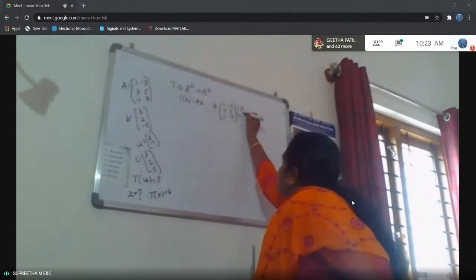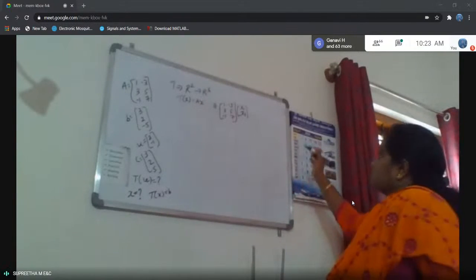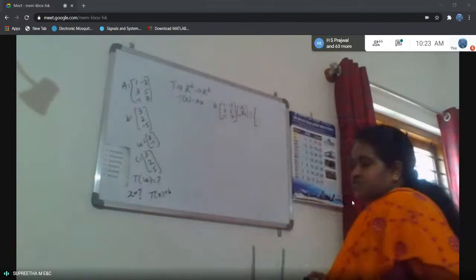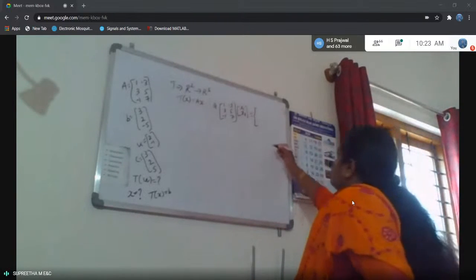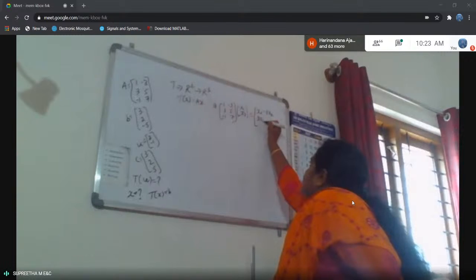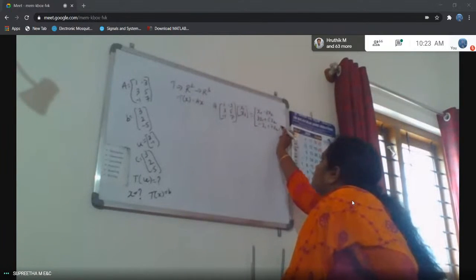So I take it to be x1 and x2. Simply multiply this matrix so that you determine the transformation in general. So I get x1 minus 3x2, 3x1 plus 5x2, minus x1 plus 7x2.